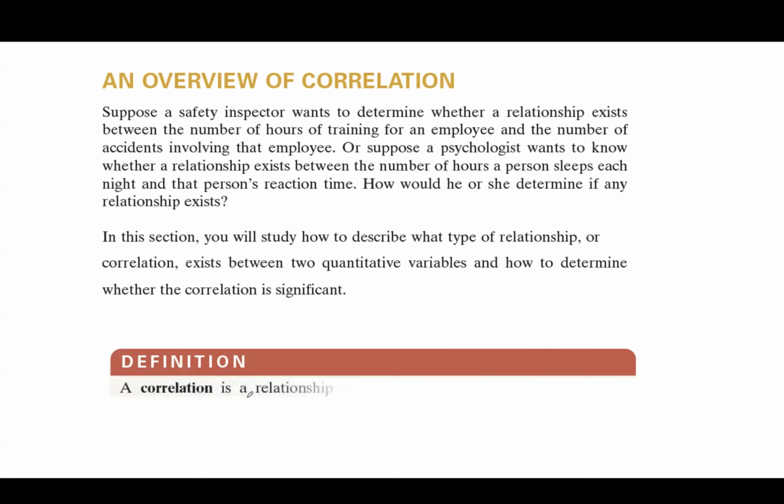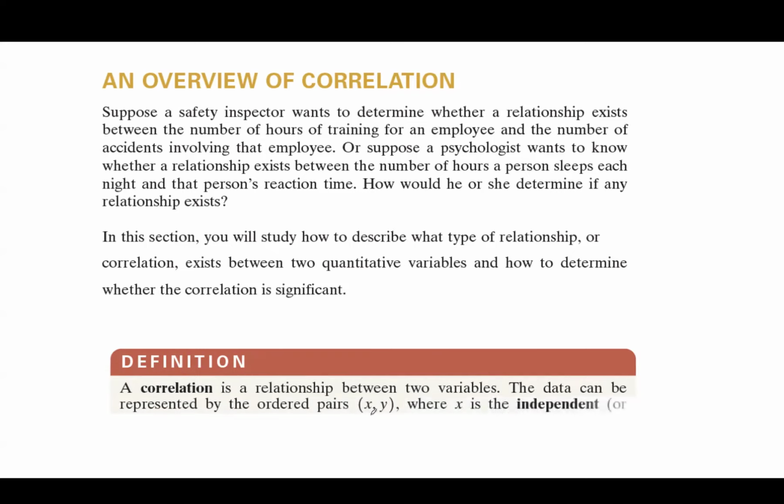A correlation is a relationship between two variables. The data can be represented by the ordered pair x comma y, as we used in algebra to help visualize dots and points in the xy plane.